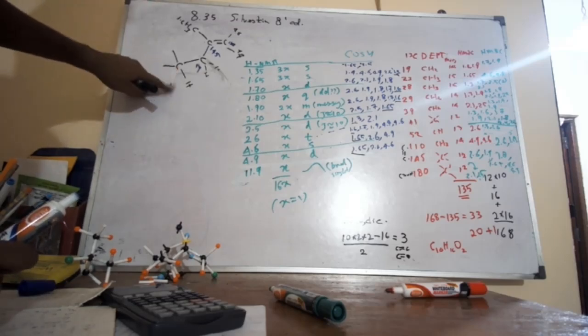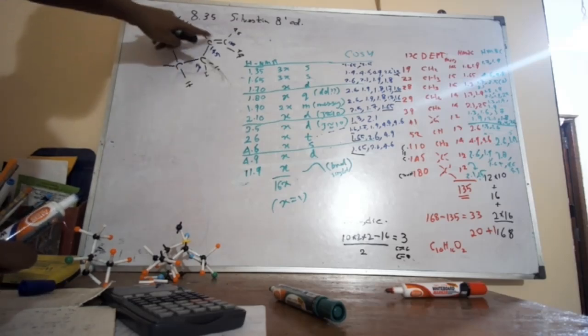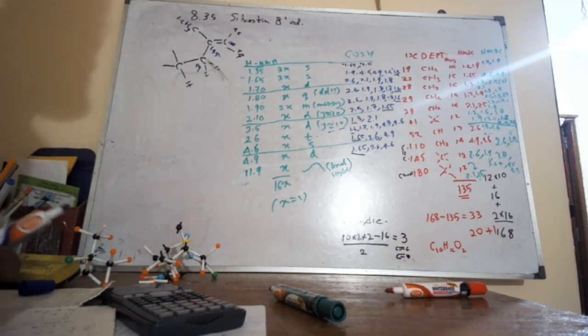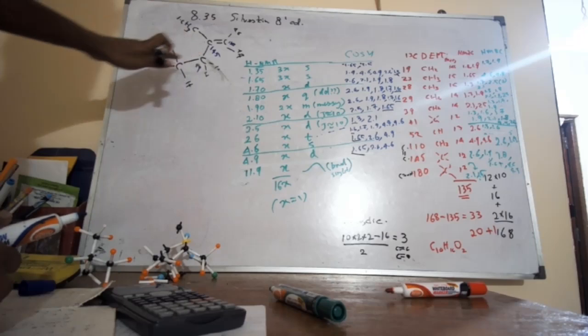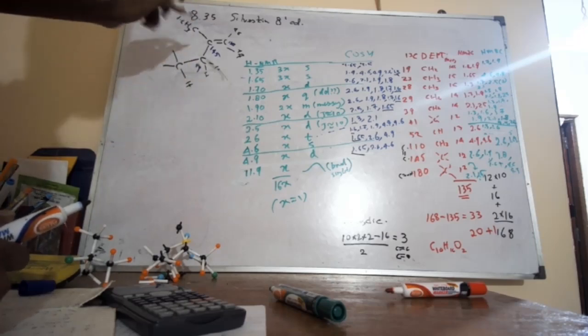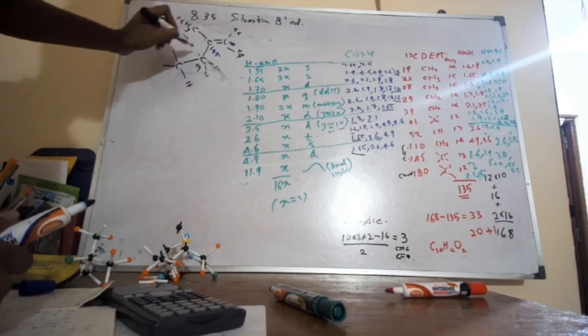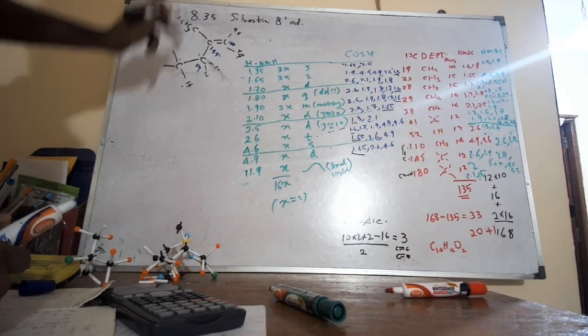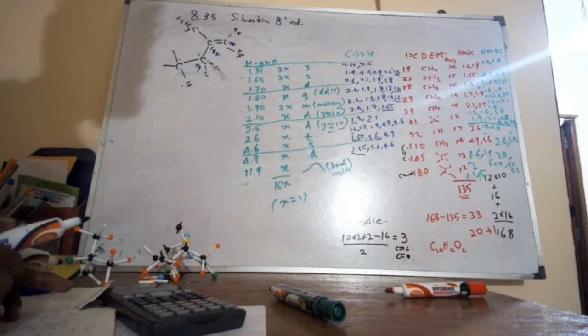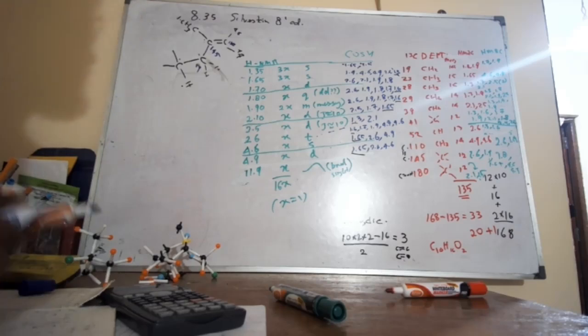Sorry, there are two bonds. So maybe the cycle, it joins the cycle at this point, right? Maybe, okay. So if this is one possibility, maybe these two are attached as well, because 1, 2, 3, right? It could be either way. We just don't know what it is, right?